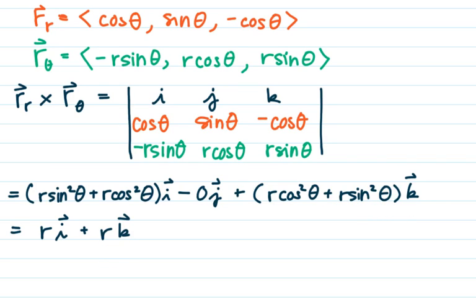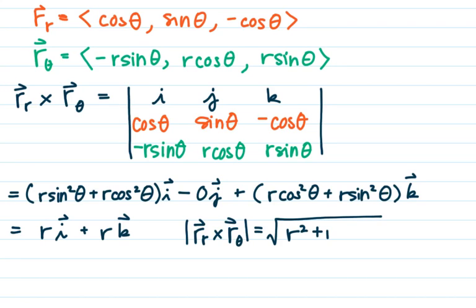So the magnitude of r sub r cross r sub theta is the square root of the sum of the squares. So that's r squared plus r squared, or the square root of 2r squared, or rather root 2 r.